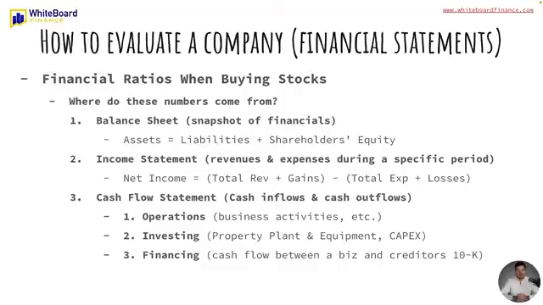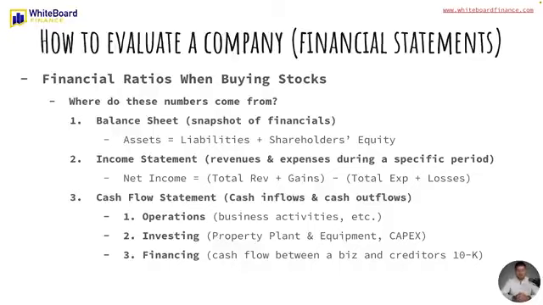They come from essentially three things: the balance sheet, the income statement, and the cash flow statement. So what do these mean? The balance sheet is typically your assets equaling liabilities plus shareholders' equity. So what are the things that the company owns that have value? They should be equal to the liabilities, which could be accounts payable, for example, plus shareholders' equity.